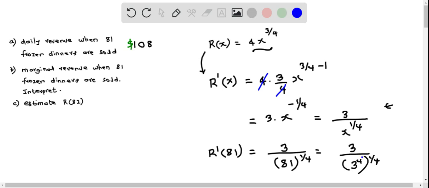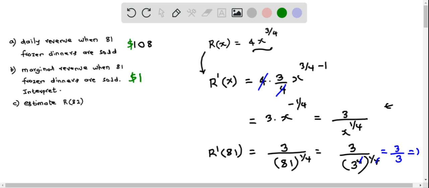We do the cancellation, that is, these two powers get multiplied, 4 times 1/4, and when you do that we can cancel the 4 with the 4 in the denominator. So therefore this becomes 3 by 3, and this equals 1. So we say that the marginal revenue when 81 frozen dinners are sold is $1. So we write marginal revenue as $1.